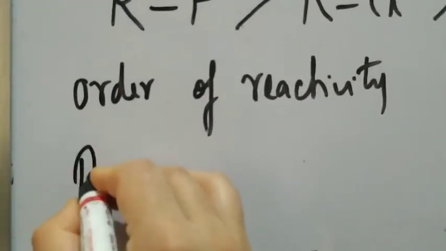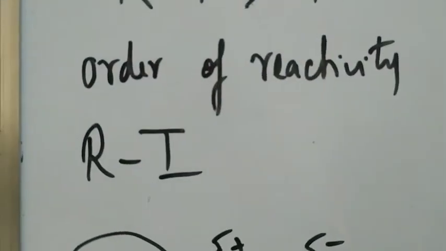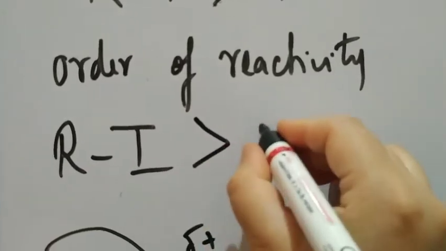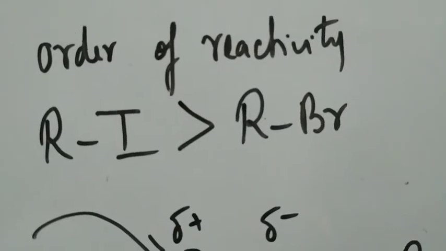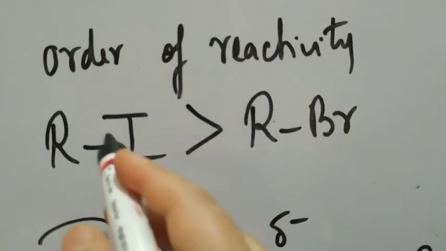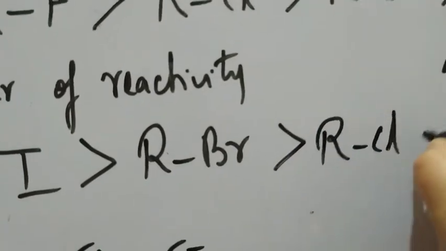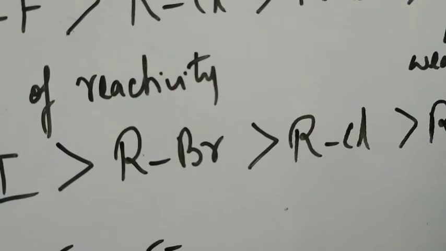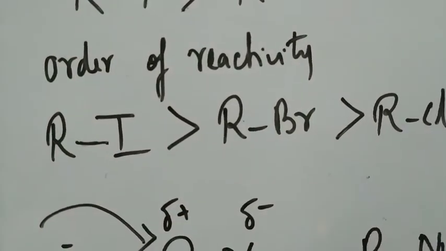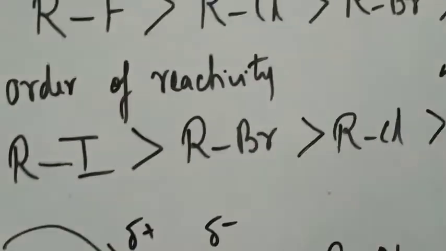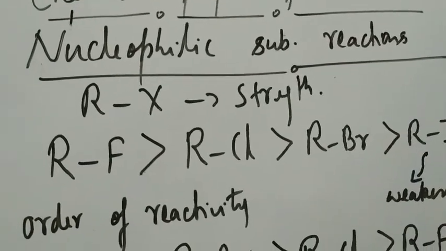So the order of reactivity towards nucleophilic substitution is iodoalkanes, bromoalkanes, then chloroalkanes, and last fluoroalkanes. Iodoalkanes are the most reactive, most susceptible to nucleophilic substitution reactions. We'll continue in the next presentation.